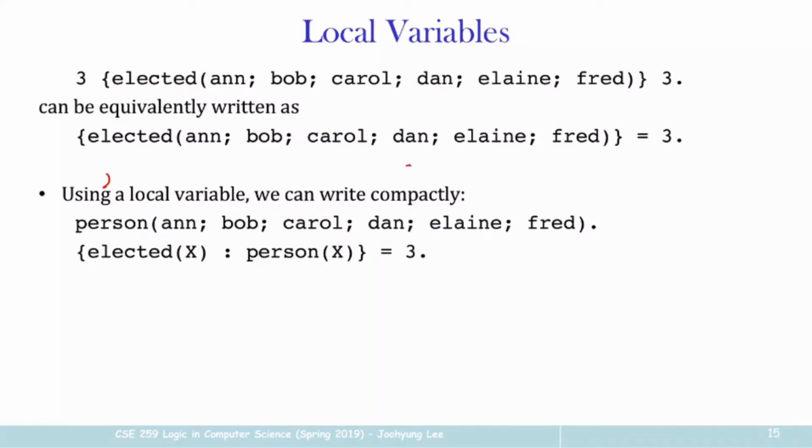So there are 6 people here, but you choose only 3 out of them. So how many stable models will be there if you ask this program? 6 choose 3. 20. 20 should be the possible choices.